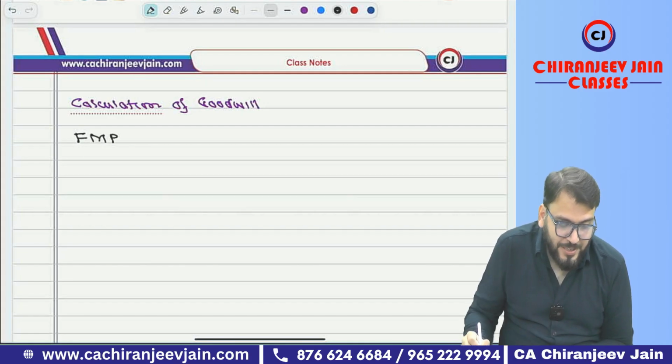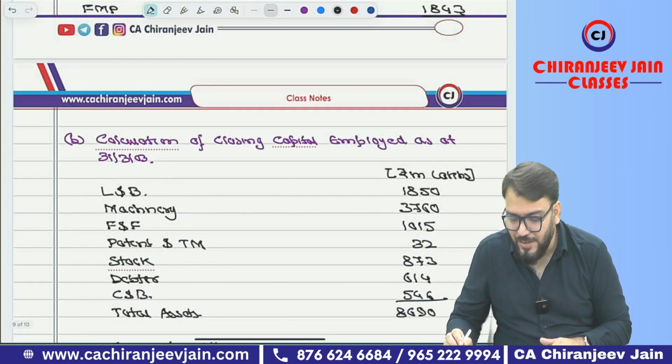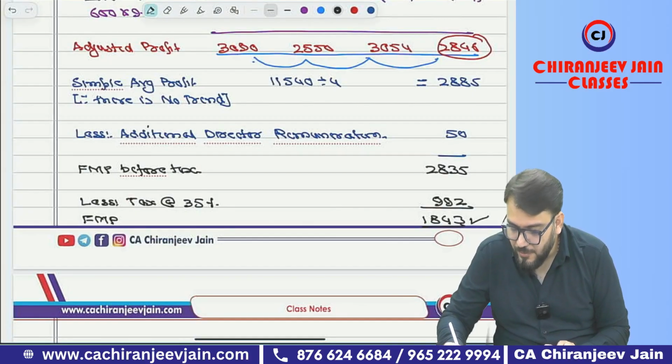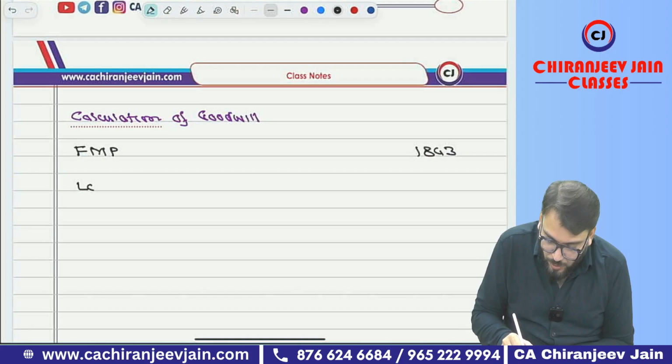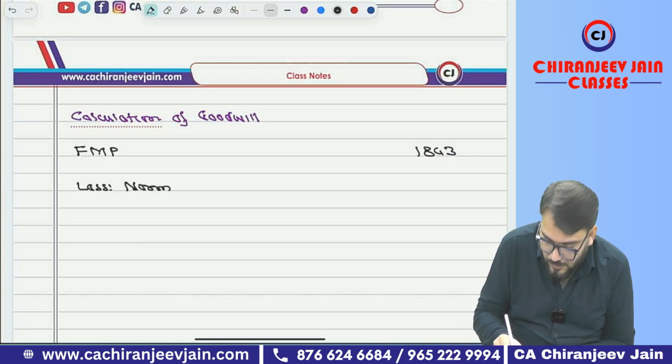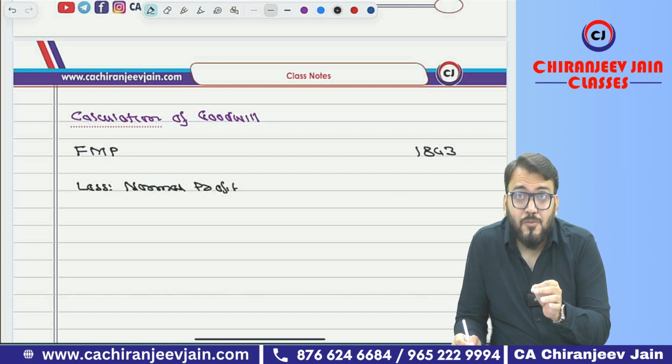How much FMP we calculated? That was 1843. All are in lakhs. If you want to write again, write in lakhs. 1843. Then from this we'll deduct normal profit. Now normal profit will be what? We need to apply the normal rate of return on average capital employed.